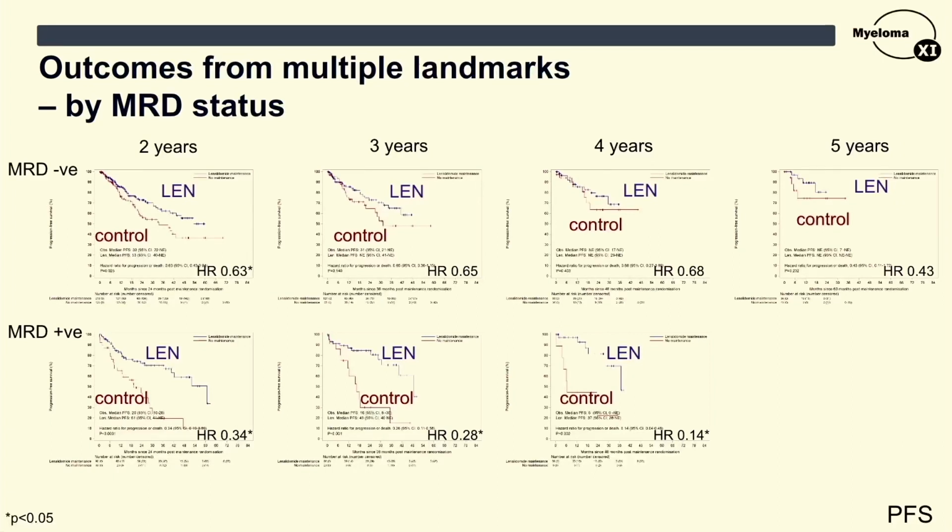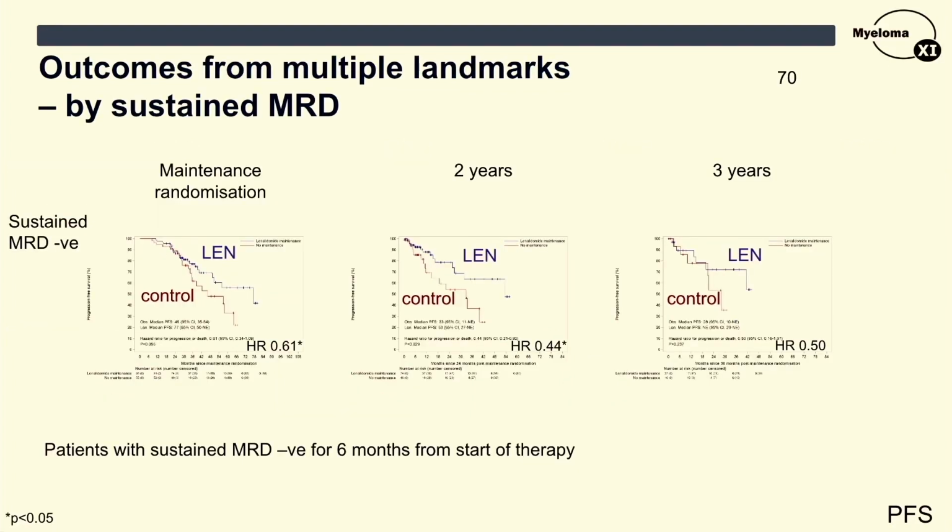However, if you are positive, and this is one thing where this may actually help us say treatment is better, it still looks like if you're MRD positive, you're doing much, much better if you're staying on lenalidomide. And finally, if people had more than one MRD negative test, if they had a couple, they're doing better too. So this may give us a hint that there are subgroups of patients that can stop maintenance at some point.